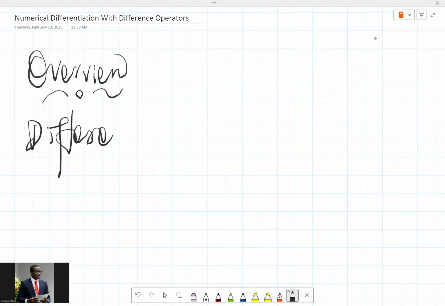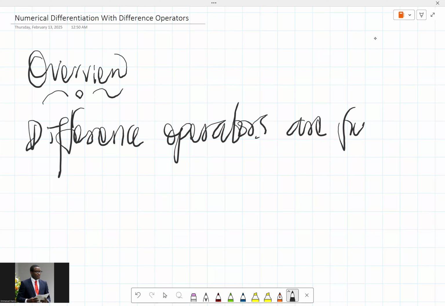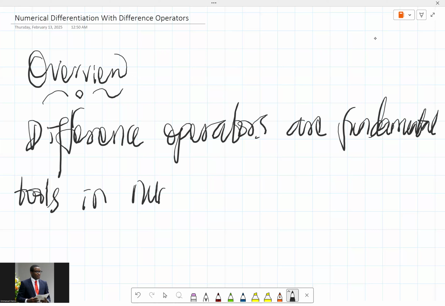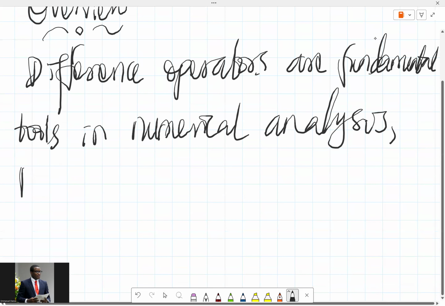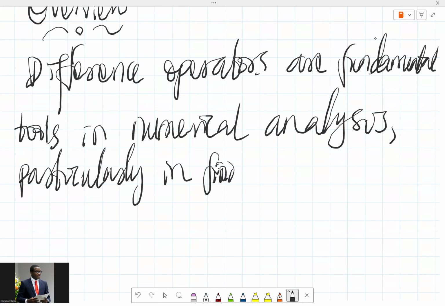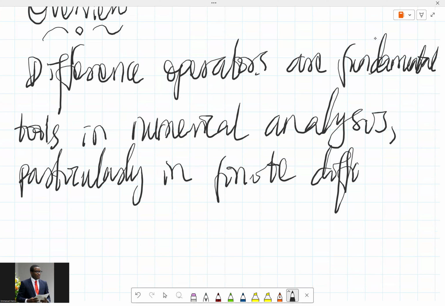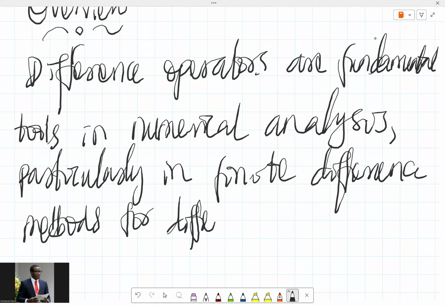Difference operators are fundamental tools in numerical analysis, particularly in finite difference methods for differentiation and interpolation.